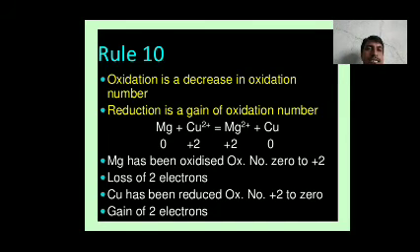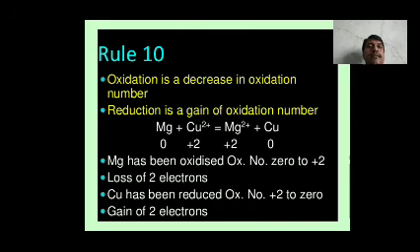Magnesium oxidation state 0, Cu 2 plus oxidation state plus 2, Mg 2 plus oxidation state plus 2, Cu oxidation state 0. Magnesium has been oxidized, oxidation number 0 to plus 2. Loss of 2 electrons is called oxidation. Copper has been reduced, oxidation number plus 2 to 0. Gain of 2 electrons is called reduction.